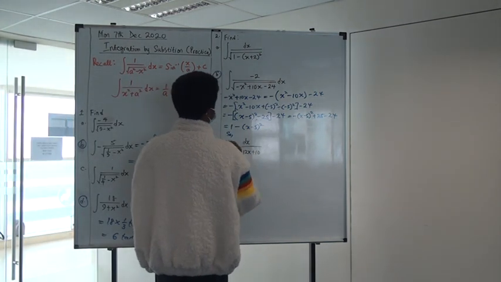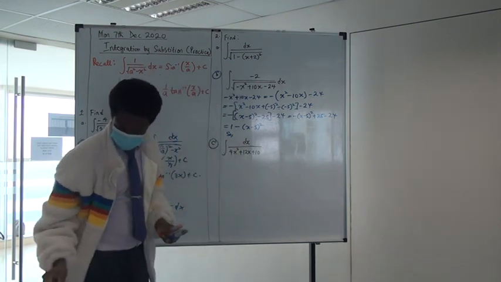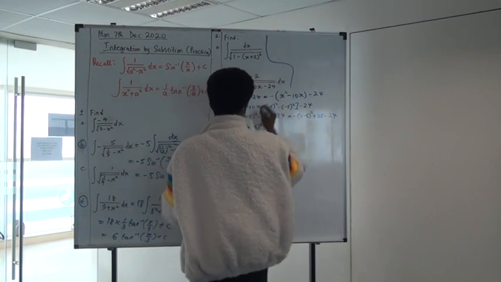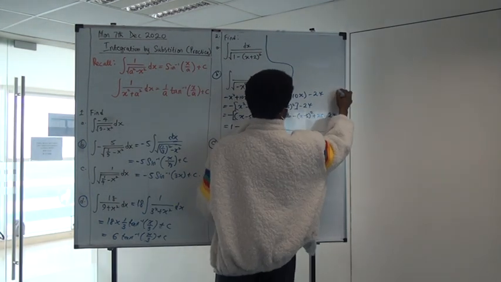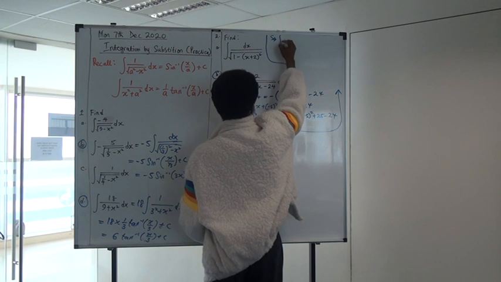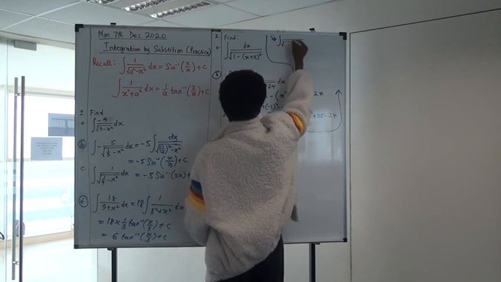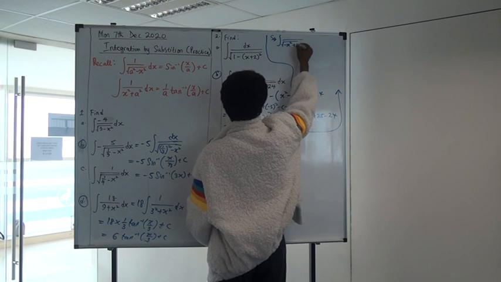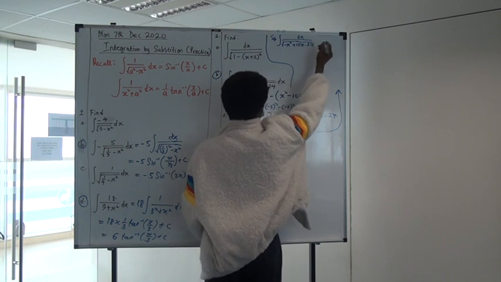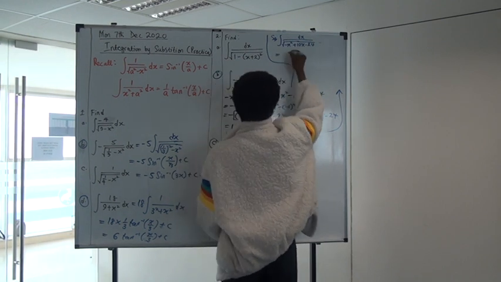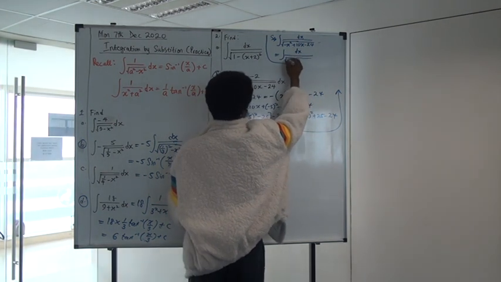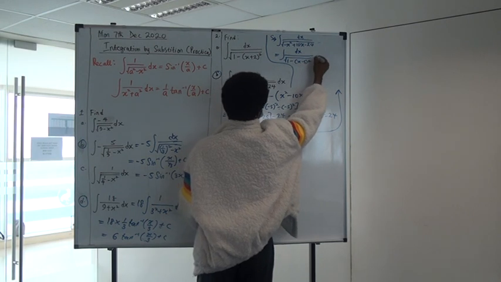So we don't have enough space. I'm going to have to erase this, and okay, maybe I put it here, if you guys don't mind. So after this, okay, can we see this? The original question, integral, the square root, minus x squared, plus 10x, minus 24, dx can be here or here, doesn't matter, can now be written as integral dx over the square root of 1 minus x minus 5 squared.